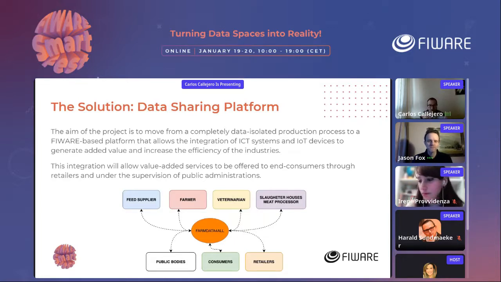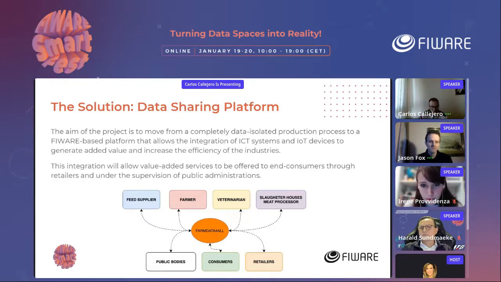Well, these agents in the value chains are the producers, the feed suppliers, veterinarians, cutting rooms, supermarkets, and now the idea is to facilitate a higher degree of monetization and automation, and also to try to establish all this automation along the meat chain supply with the consequent economic savings and improvement in traceability.